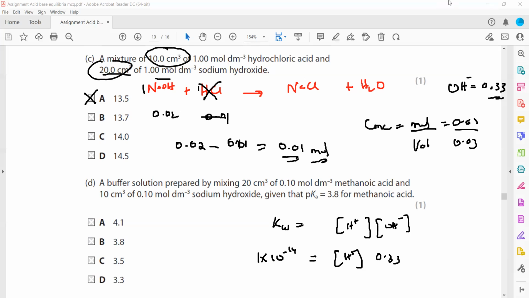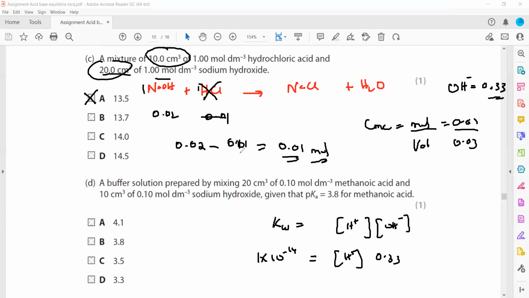The concentration is moles divided by volume, so new moles divided by new volume gives the new concentration of hydroxide ion. Using the concentration of hydroxide ion, we find the concentration of hydrogen ion, since the dissociation constant of water equals the product of hydrogen ion and hydroxide ion concentrations. And from there, we can work out the pH.